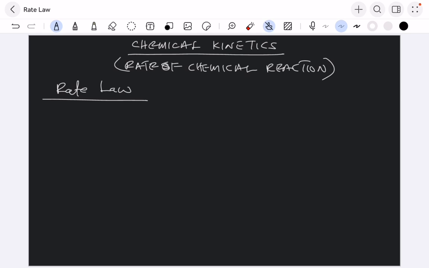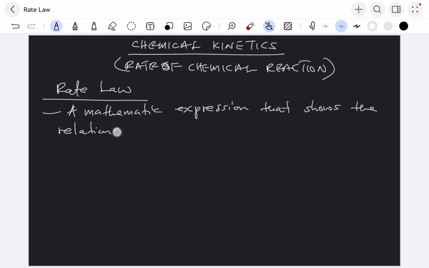So what is rate law? Basically, rate law is just a mathematical expression that shows the relationship between rate and concentration of the reactant.